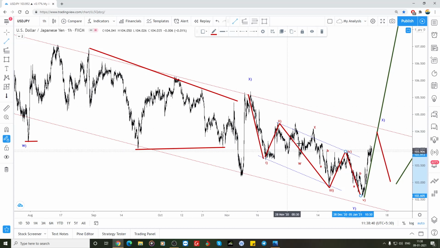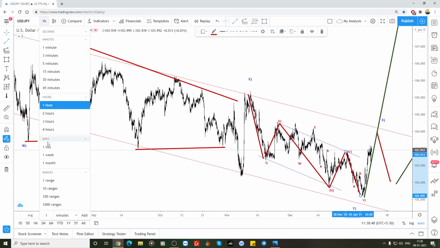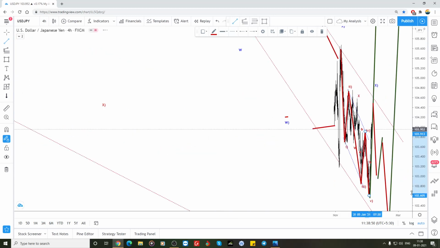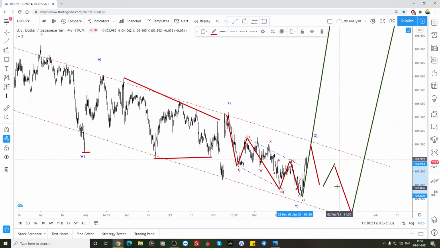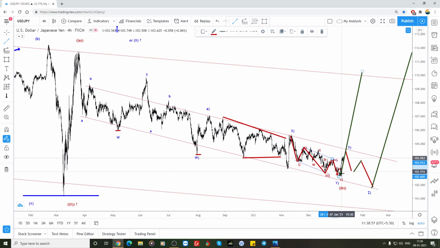So instead of ABC, each wave got ABC, 1, 2, 3, and sometimes the third wave can get extended also. So from here it has to bounce, otherwise one more 3-wave structure is possible, because this is the Y and one more 3-wave structure. That is why I have already explained in the last video also.